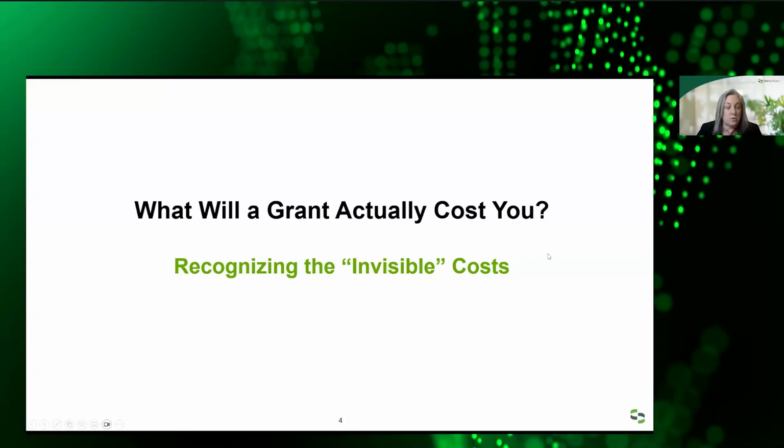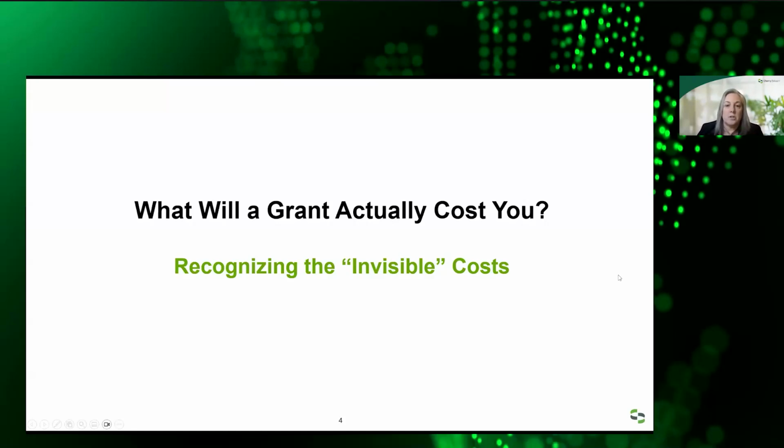You know your direct costs, the costs directly associated with the grant, like the salaries of the folks working directly with the grant or program costs. But what we are going to dig into today is how you can actually know what that grant is going to cost you. It's not just going to be these direct costs; there will be other costs involved as well.